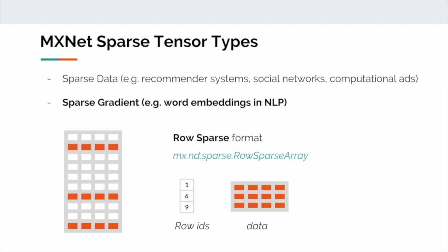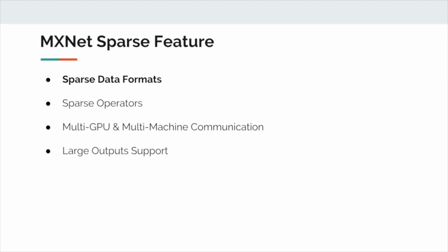In case you haven't used MXNet before, I'm gonna show you some sample code to see how you can load a sparse matrix and perform operations on it. So here's an example.